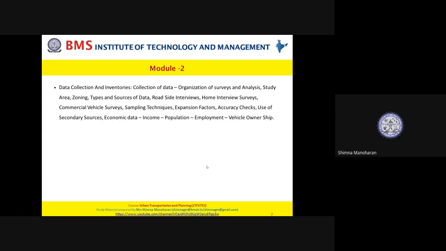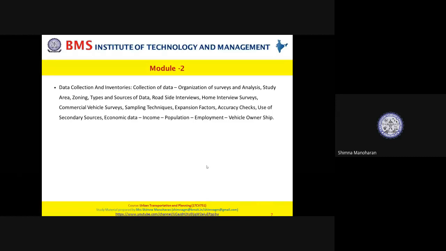Like in your class we have a strength of 67 students. Suppose we have to do a survey on how online education is impacting the students, we will be taking a sample of all 67, right? And if the study has to be taken for entire Karnataka, for entire India, it will be difficult to get the data from all the students.